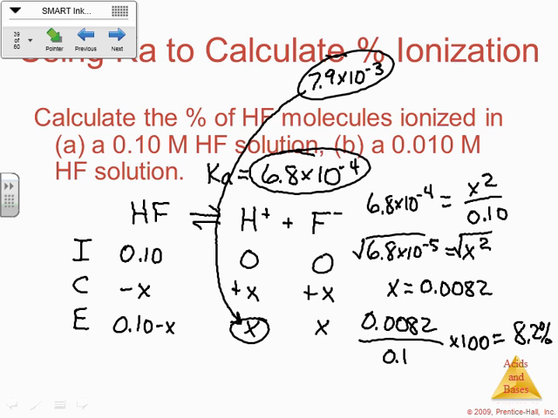Okay, so if I want to know a percent ionization, you basically do the same thing you do when you're checking the simplifying assumption. You take the 7.9 times 10 to the negative third divided by your initial concentration, which was 0.1, and then times it by 100.